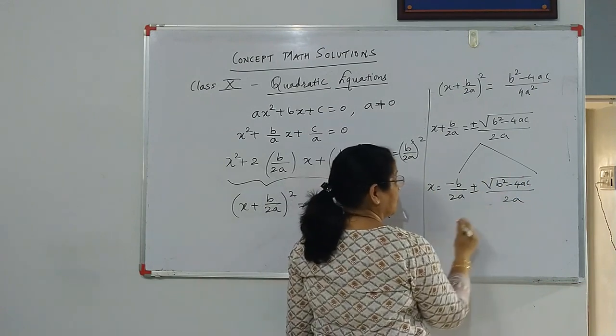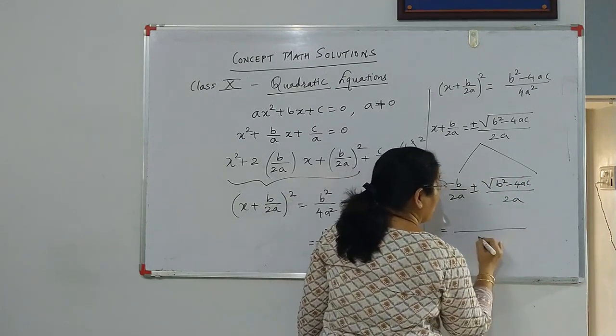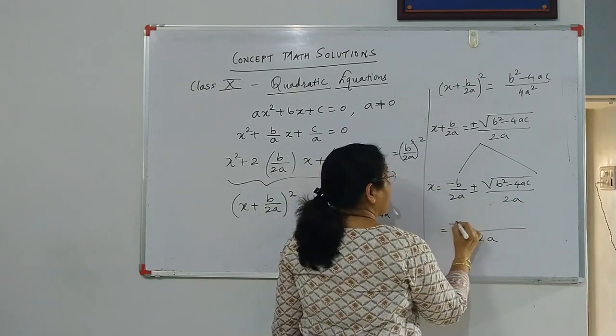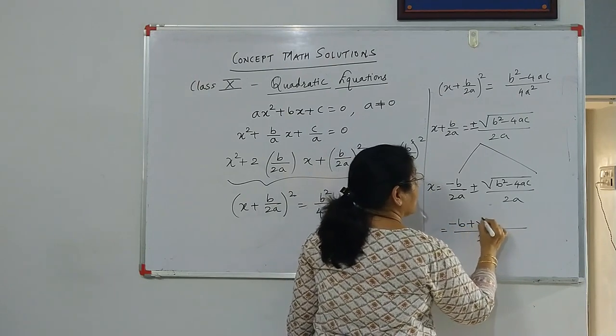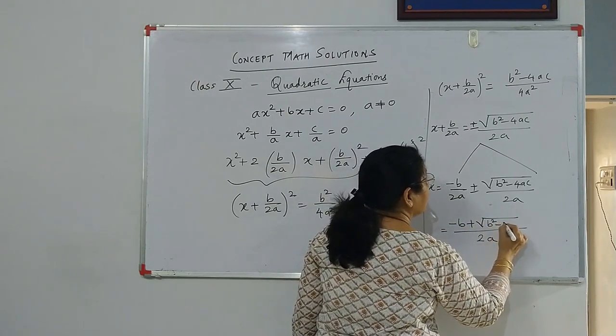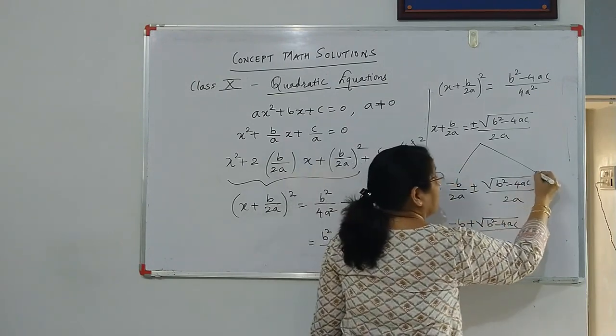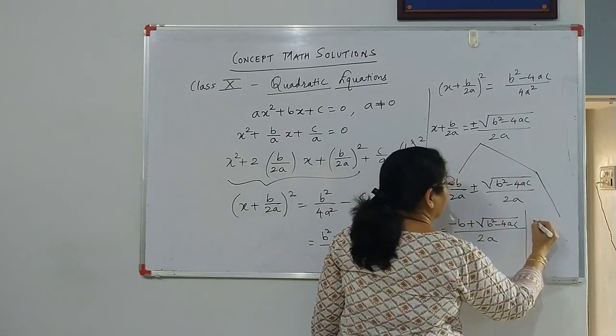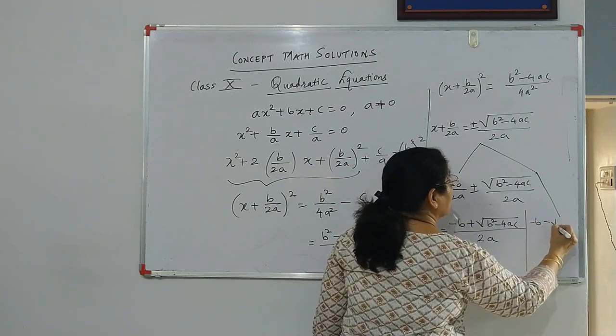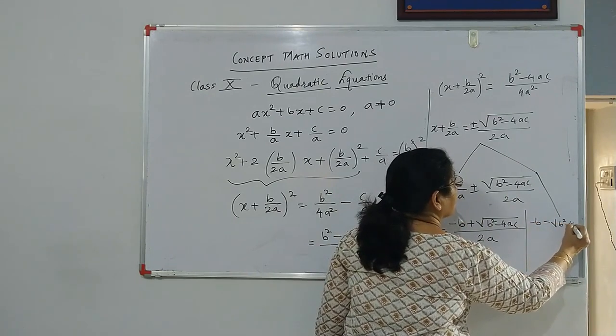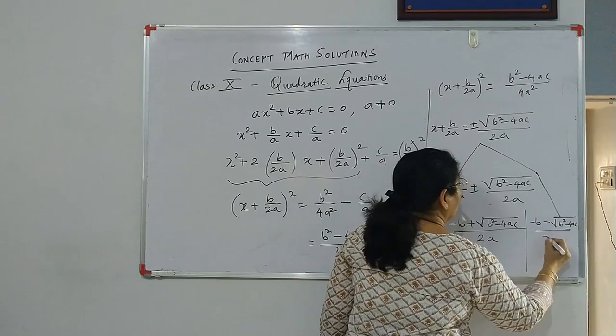Now the denominator is 2a, it is a common denominator. So minus b plus root of b square minus 4ac upon 2a is one of the roots. The second root is minus b minus root of b square minus 4ac upon 2a.